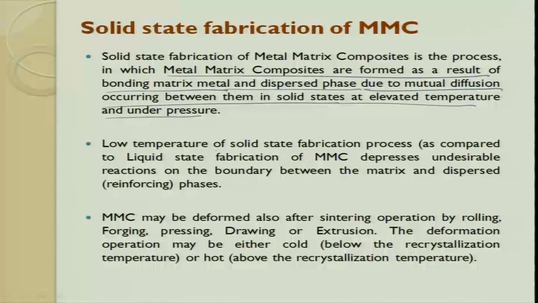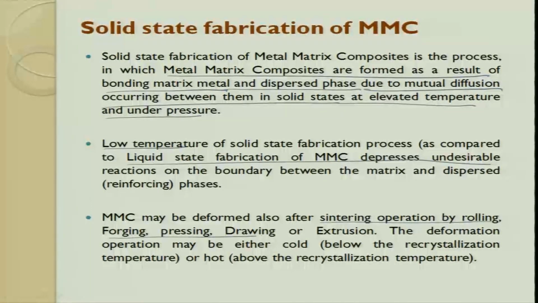The low temperature of solid state fabrication compared to liquid state is undesirable here. The temperatures we use in solid state are very high compared to those of liquid state. The metal matrix composites are formed after a sintering operation, and they are done by rolling.